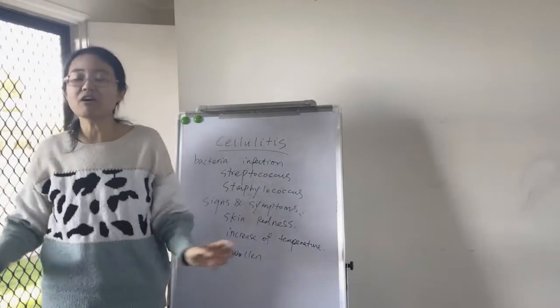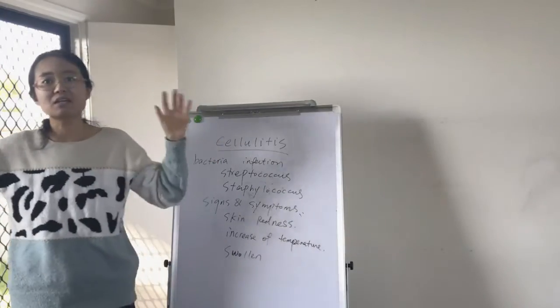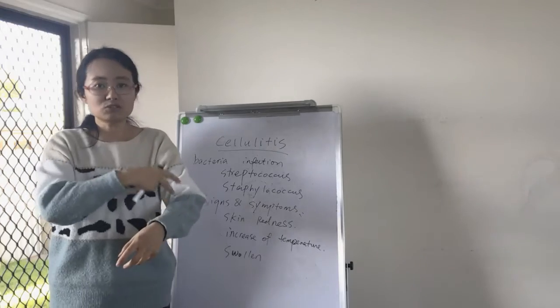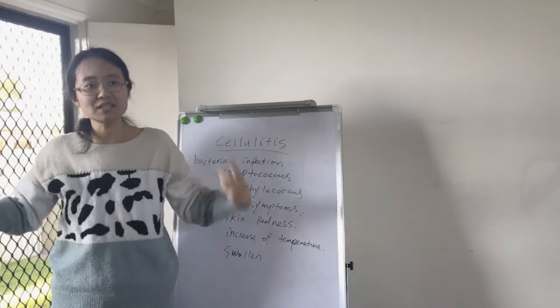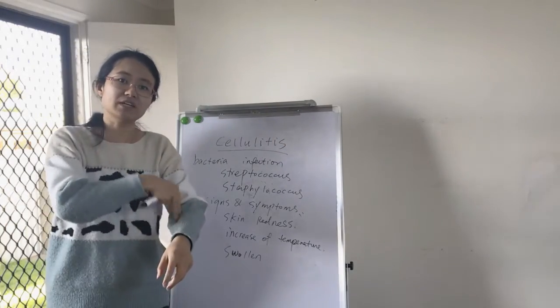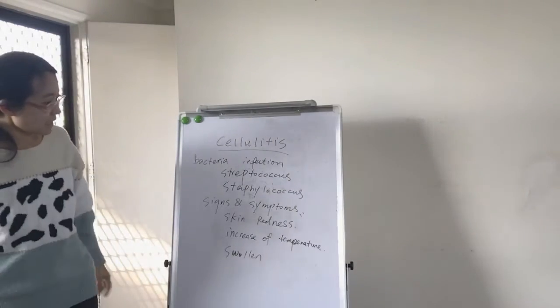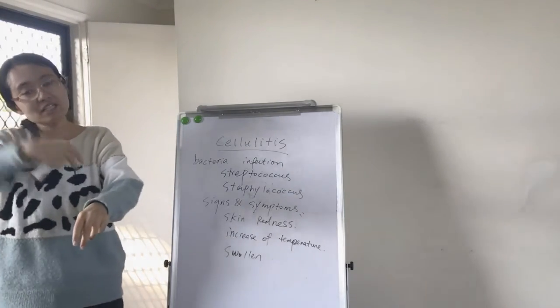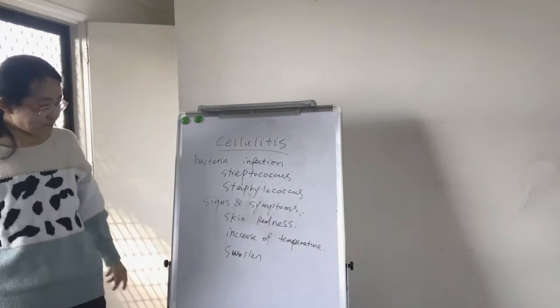In the external environment there are a lot of bacteria, but they don't normally travel into your body because skin acts like a barrier to prevent bacteria from traveling into your body. But if the skin gets broken, the bacteria will find it much easier to go inside.